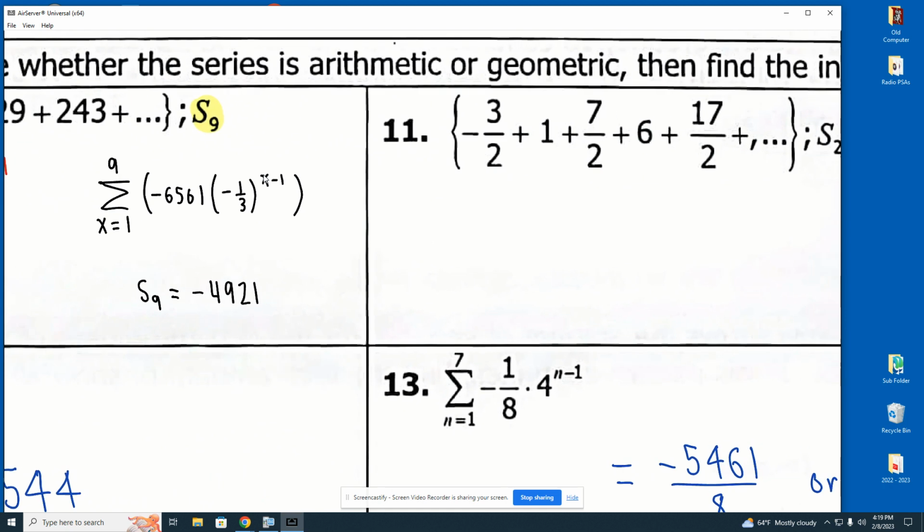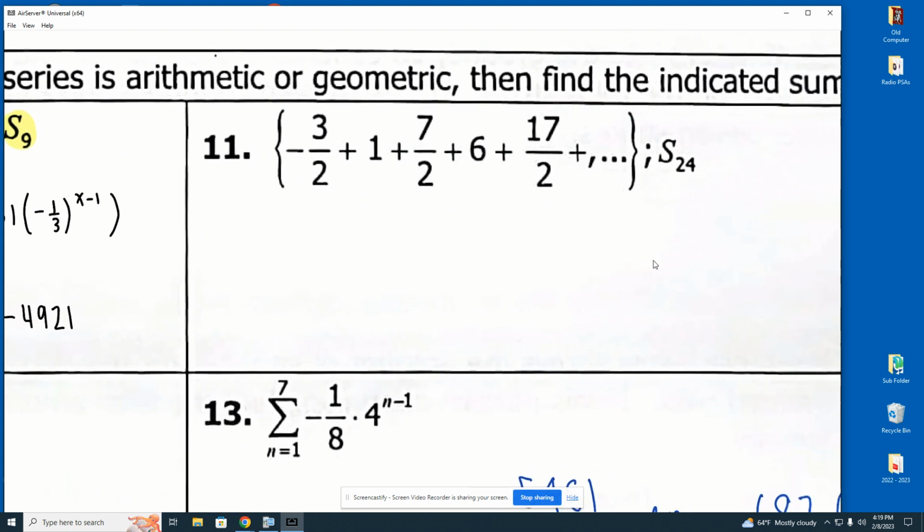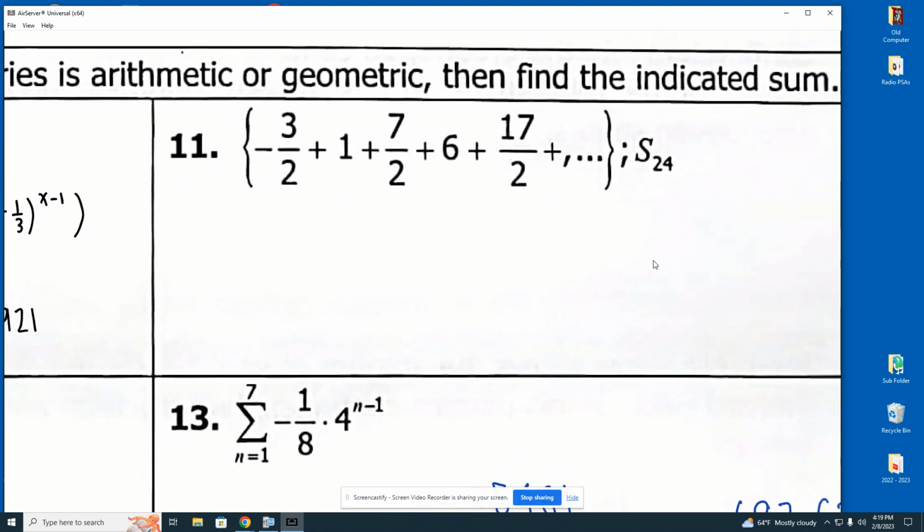Now if you look at number 11, this one's not going back and forth. See, negative, positive, positive, positive, positive. So it's going up is what it's doing. So I don't know, it looks a little tricky because of fractions, but since it is a little tricky, I'm going to start off to see if it has a common difference. One main reason, we just did a geometric one. I'm assuming this one's going to be arithmetic, but I'm going to check it.